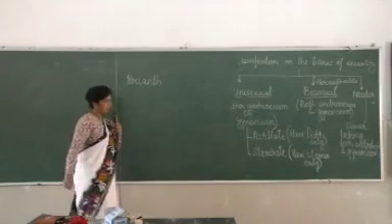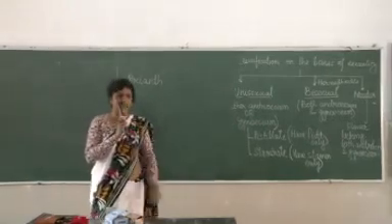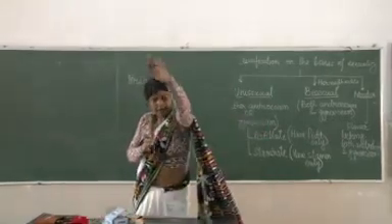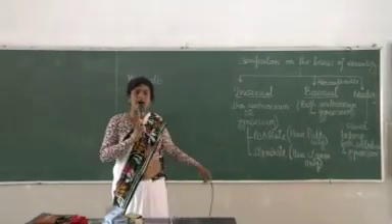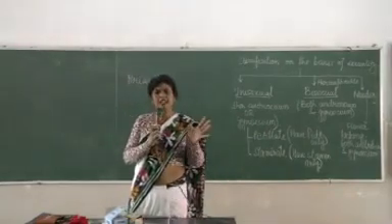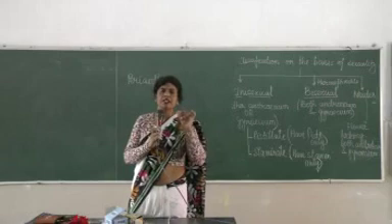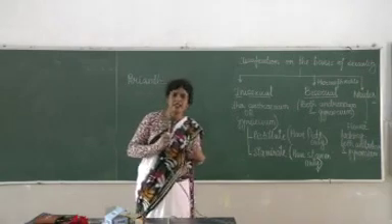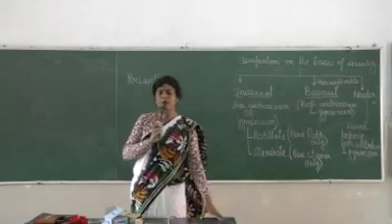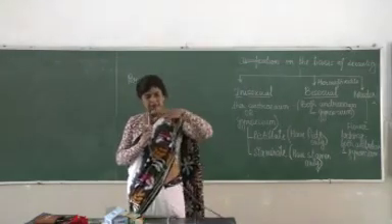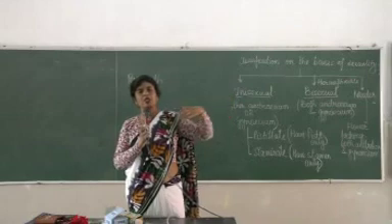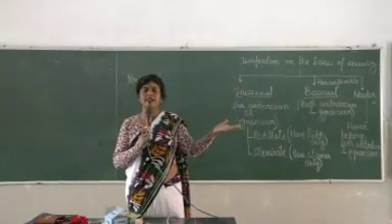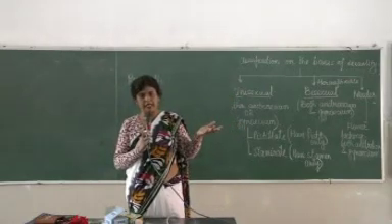What is perianth? In some of the flowers, the sepals and petals are totally undifferentiated. What is the meaning of undifferentiated? You don't know it is a sepal or a petal. Lilies you have seen, na? Lilies are very common, and these days they are one of the most popular flowers. Lilies, the colorful parts what you see is undifferentiated sepal and petal. Is it clear?